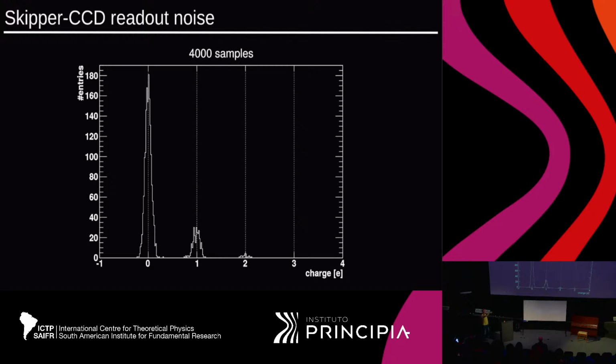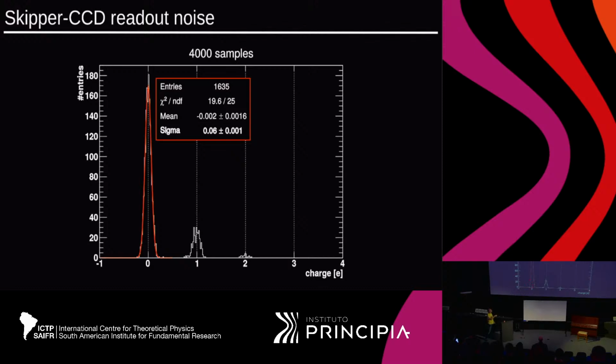This peak here is all the pixels that have 0 charge in them. This peak is all the pixels that have 1 electron, then 2 electrons, and then all the others are empty. The width of this distribution is very narrow: 0.06 electrons RMS.